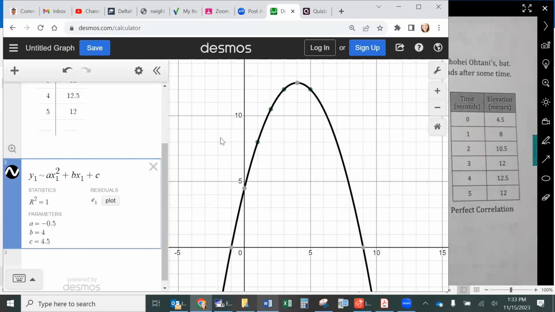This is number 3 though. So no number 2, just number 3. Yes. No, keep it negative.